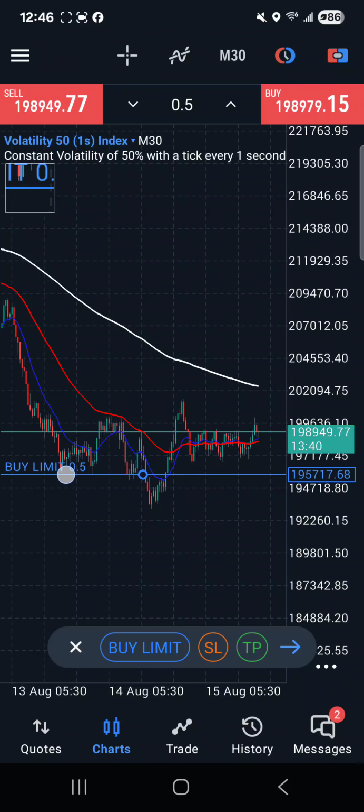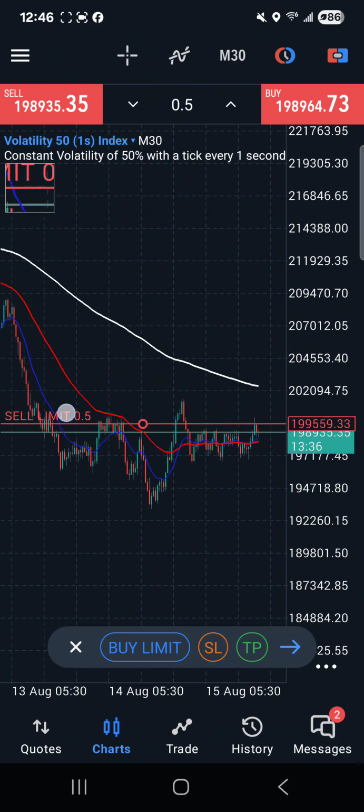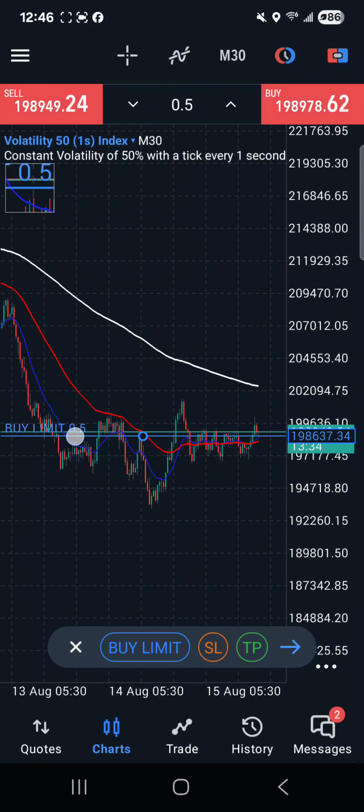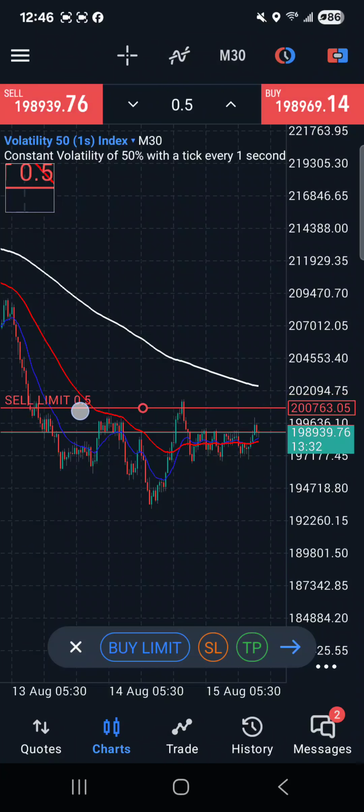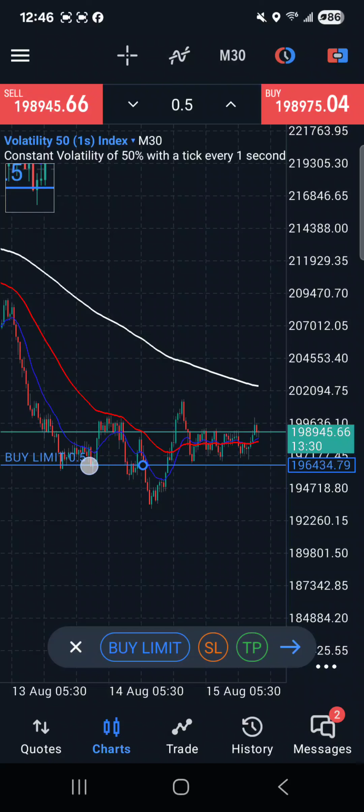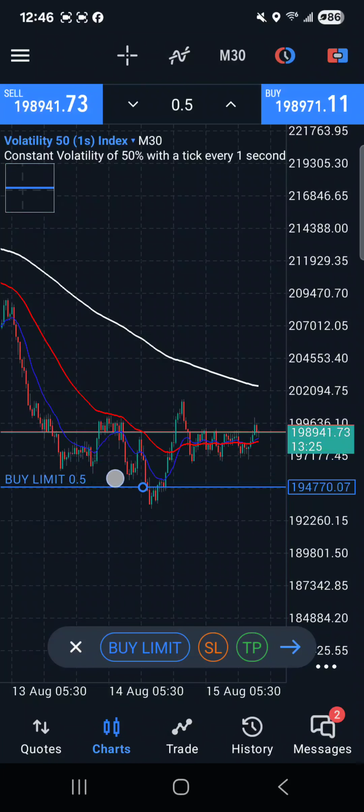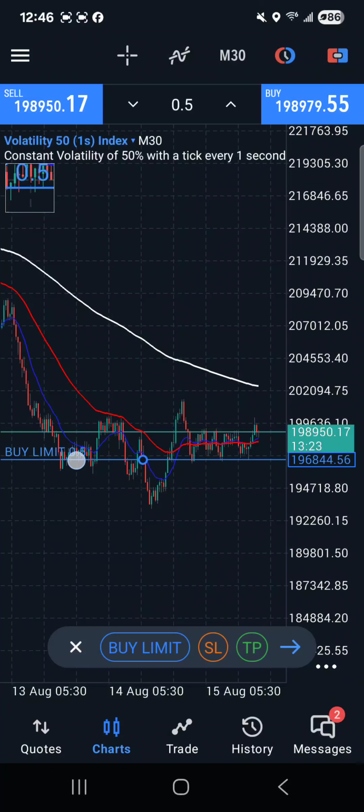So I see here as a left shoulder, I see here as a head, and because this high has been taken out, I will see this pullback into this range as right shoulder, and this pattern here is going to give a head and shoulder pattern.